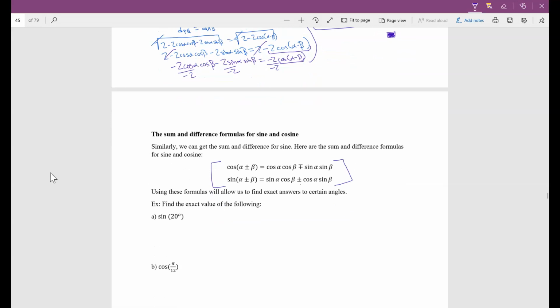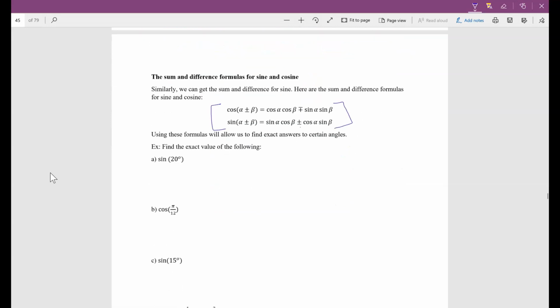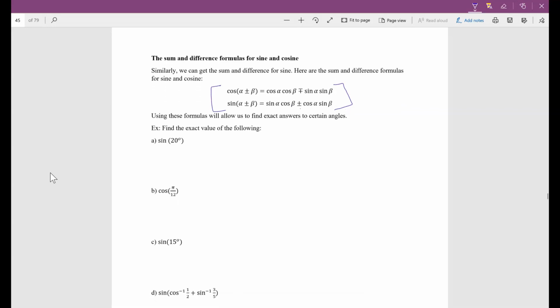So here's where we're actually going to do some application using these formulas and the types of problems. First I want you to go ahead and get rid of this sine of 20 degrees. Let's change this to the sine of 75 degrees. The whole purpose of doing problems like this is that clearly we can put this in our calculator.